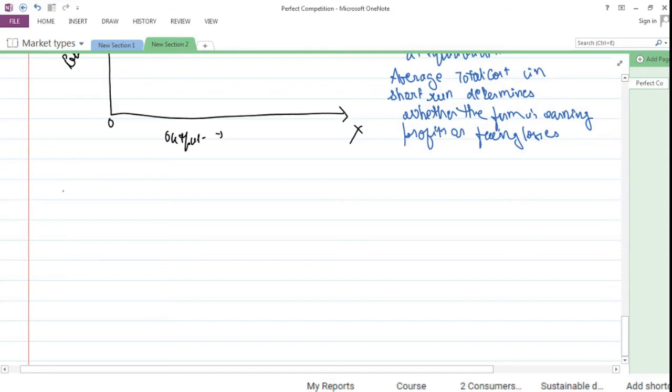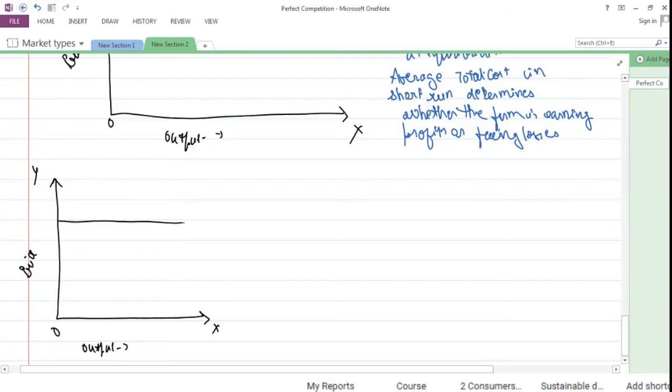So let's draw a figure. We have y-axis, x-axis. On x-axis we measure the output. On y-axis we measure the price. The price is determined at this level, that is here the price is signified.